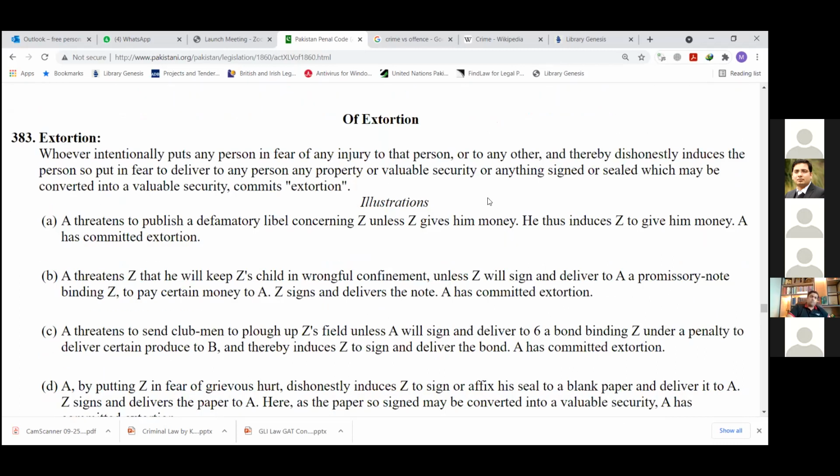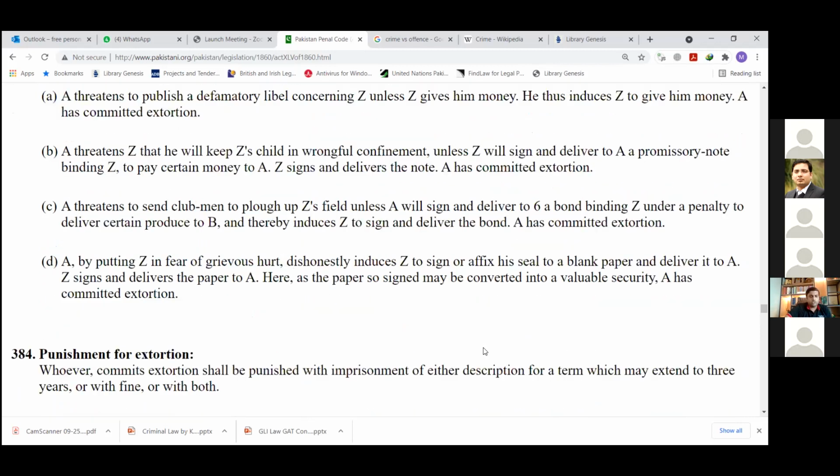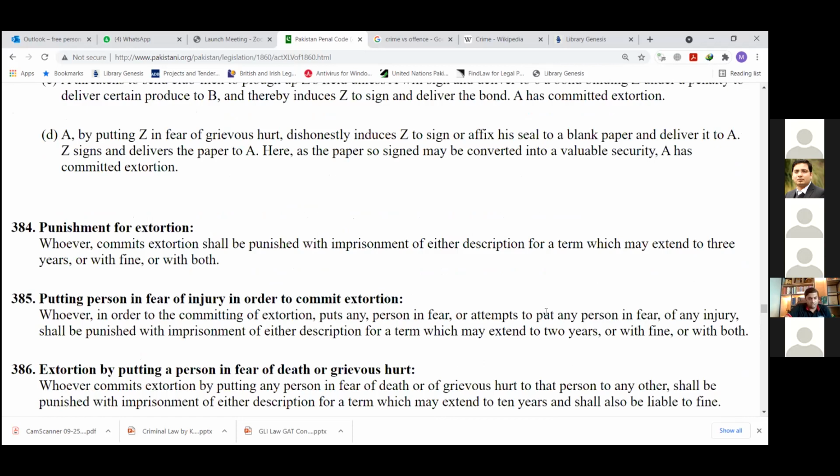Extortion means putting any person in fear of any injury to that person or to any other person, thereby dishonestly inducing that person to deliver any property or valuable security. So the offense of extortion is punishable with 3 years.